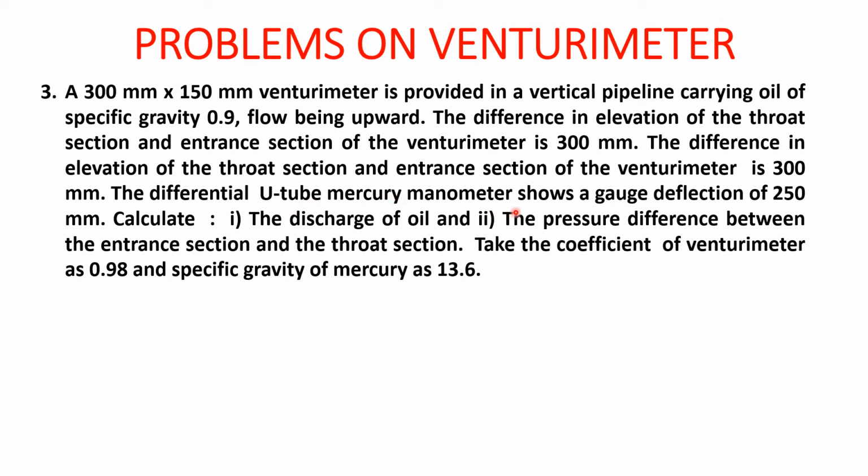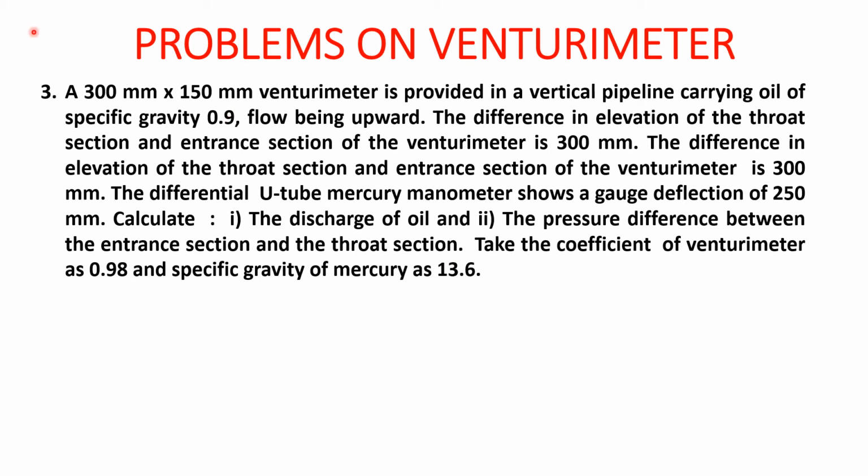The differential U-tube mercury manometer shows a gauge deflection of 250 mm. Calculate the discharge of the oil and the pressure difference between the entrance section and the throat section. Take the coefficient of venturimeter as 0.98 and specific gravity of mercury as 13.6.